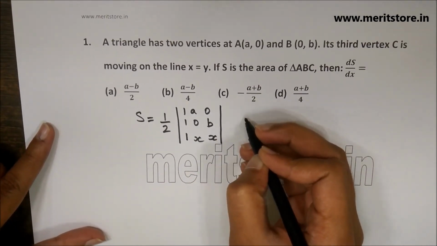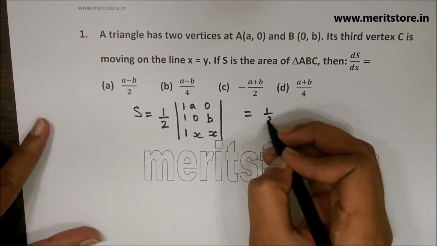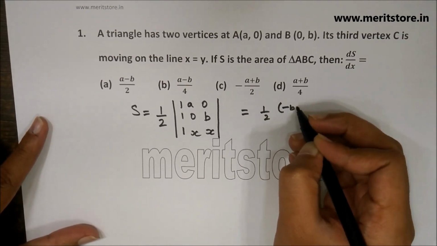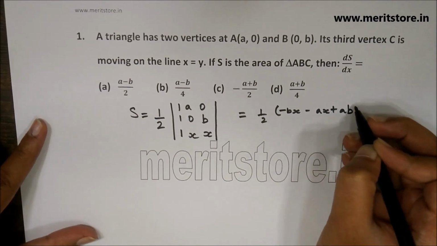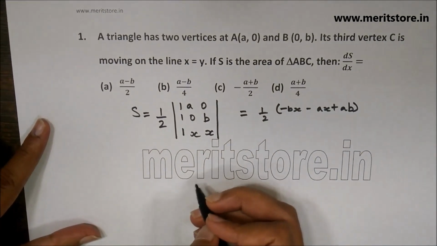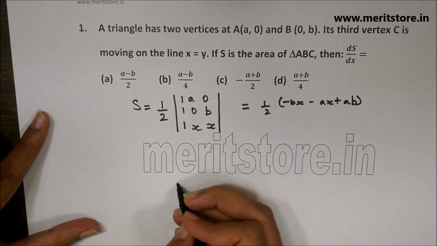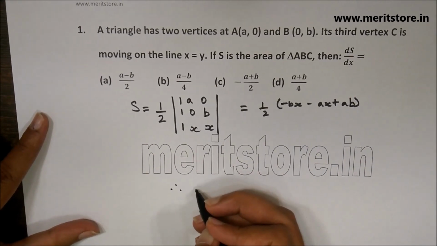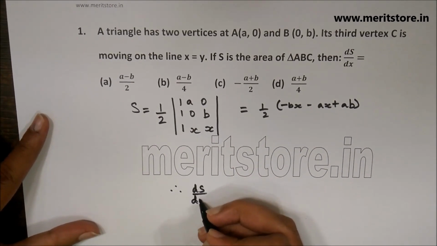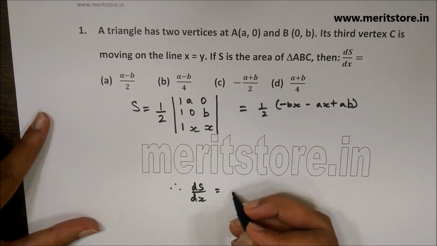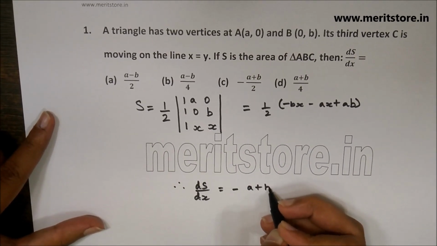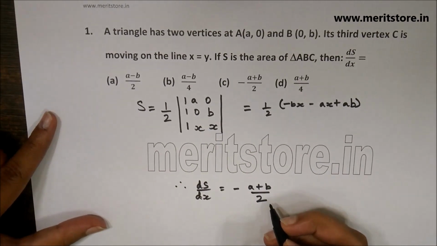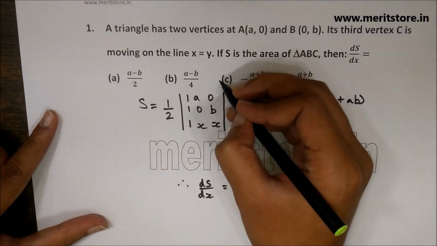After solving this determinant, we get half of minus bx minus ax plus ab. After differentiating this with respect to x, dS by dx equals minus a plus b upon 2. So option C is the correct answer.